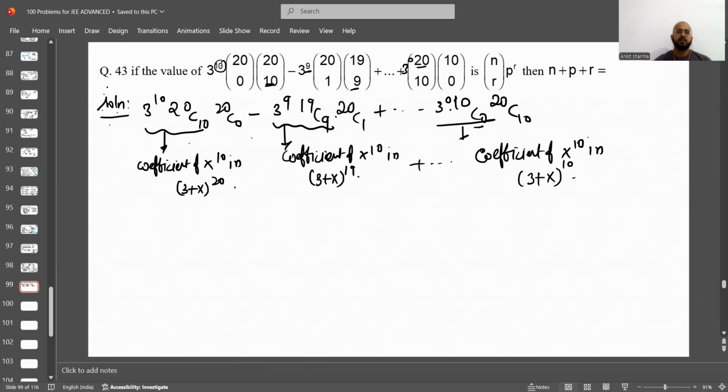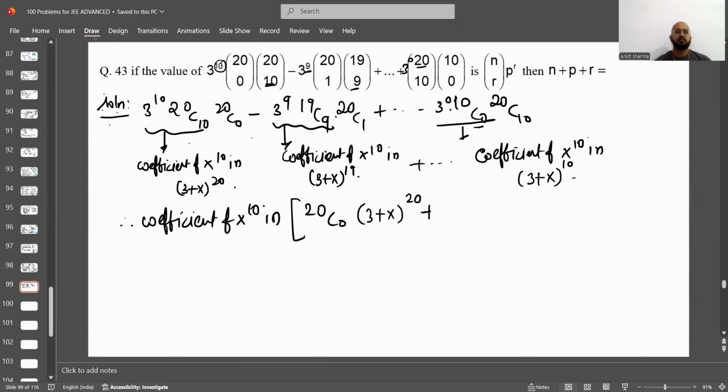So this thing we have, that means now I can write down coefficient of x to the power 10 in. So which means we have here 20c0 into (3+x)^20.